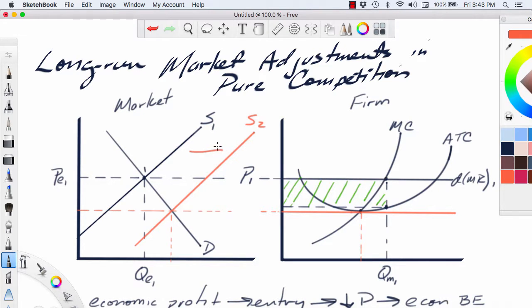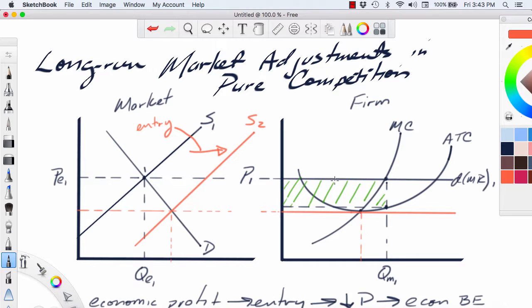And what caused this movement to the right? Basically entry. Now earlier in my videos, when I talk about non-price factors that shift the supply curve, one of the non-price factors that I indicate that shifts the supply curve to the right is an increase in the number of firms.